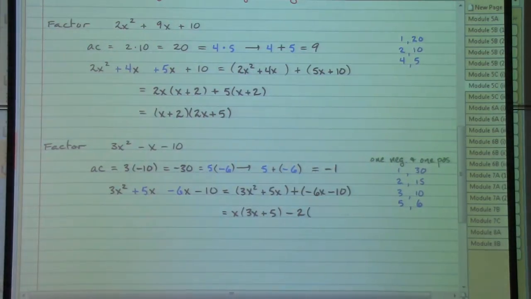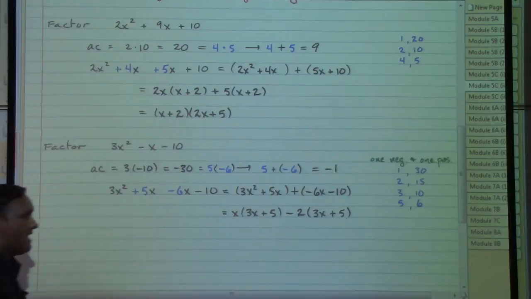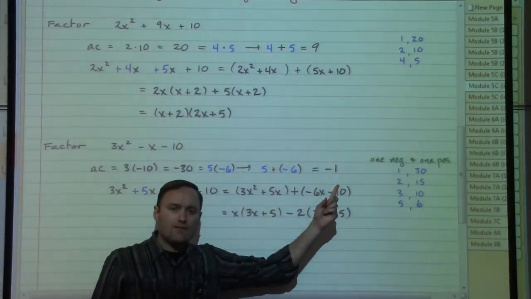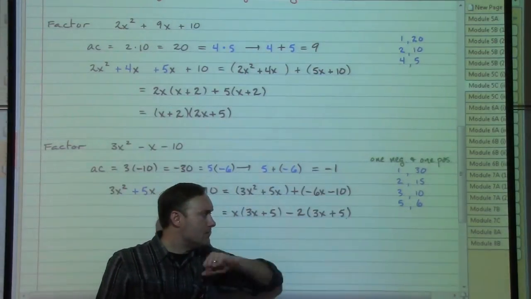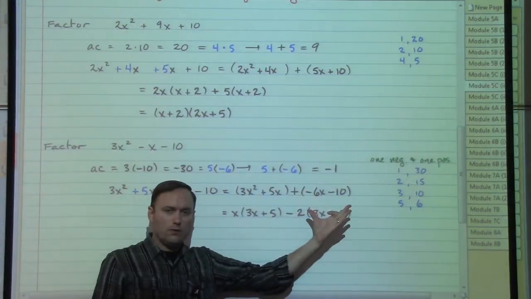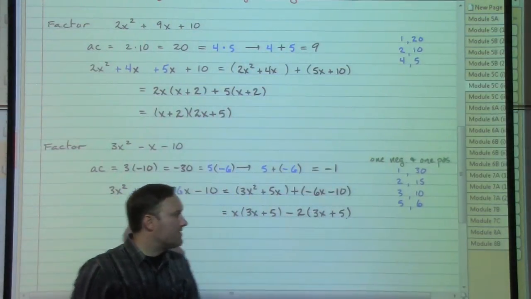Negative 2 times what gives me negative 6? Well, there's my positive 3, and it would have to have an x. And let's see if the plus 5 also matches up. Negative 2 times positive 5 gives me a negative 10. Yeah, that matches up with what we have inside that second set of parentheses. So, little hint, little guide, helping us out here.